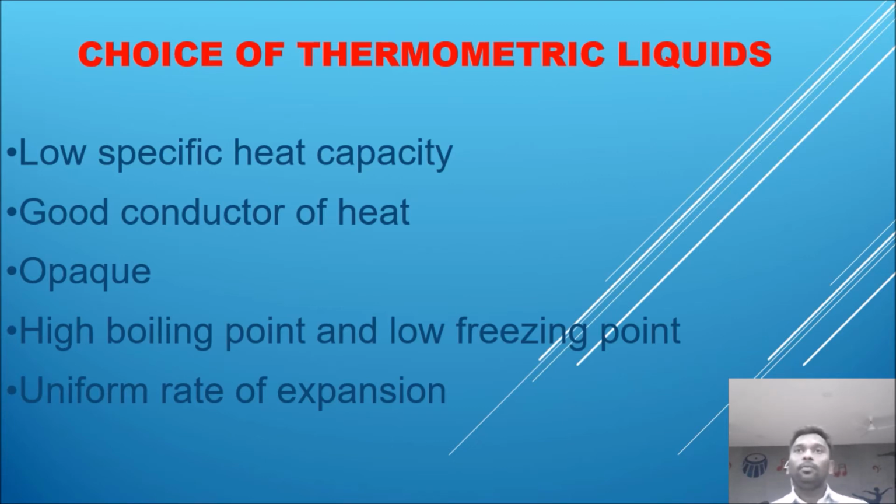When it is uniform all over the space inside the thermometer, it will give the exact reading of the temperature of an object. So with these properties we can choose the best and most suitable liquid for the thermometer to measure the temperature of an object.